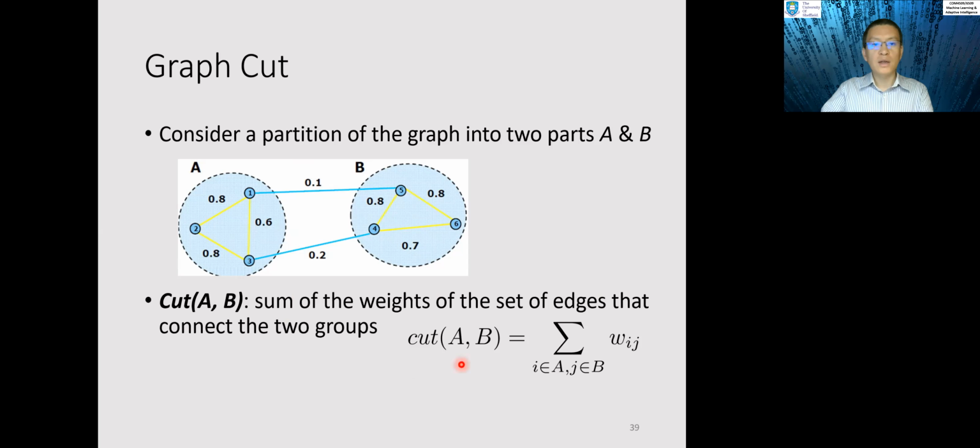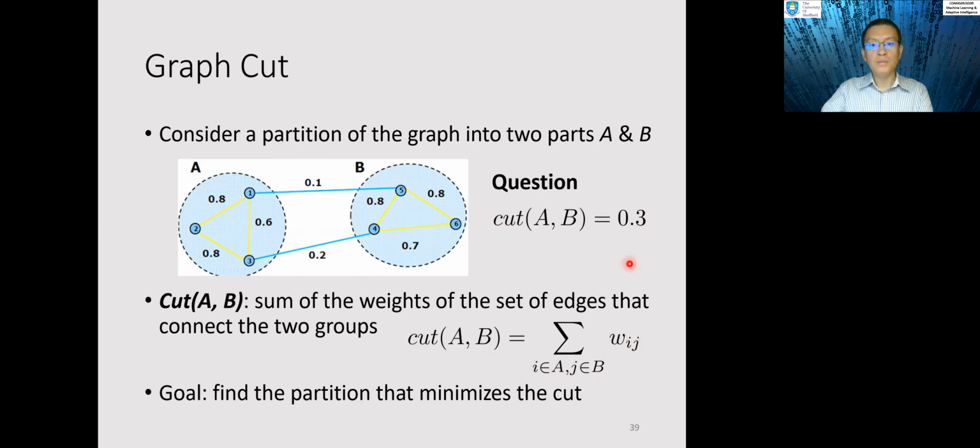That is, cut A and B is the summation of those edges with one node in A and another in B. For example, here, what is the cut between A and B? By this definition, the cut is simply 0.1 plus 0.2, which equals 0.3. And the goal is to find the partition that minimizes the cut.